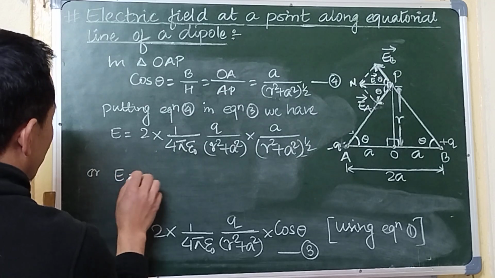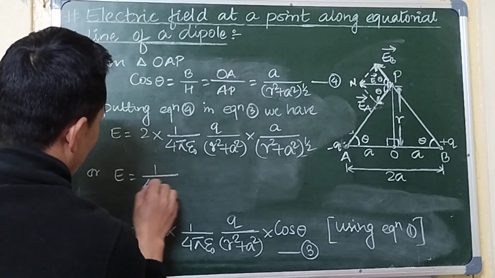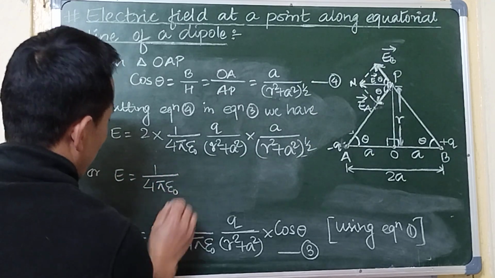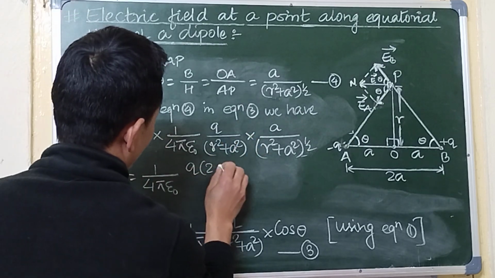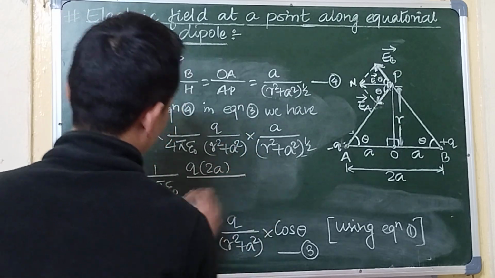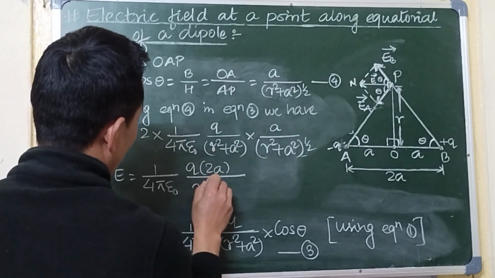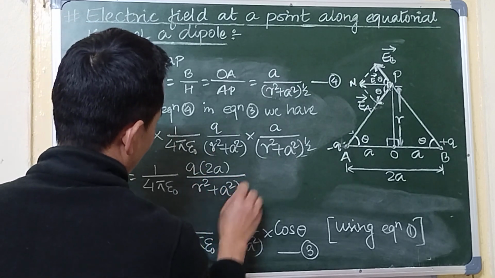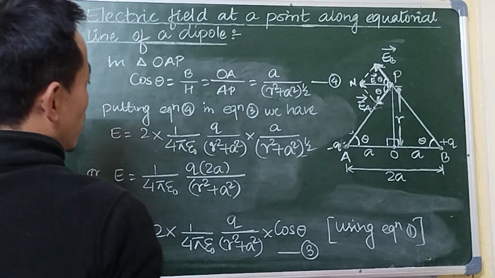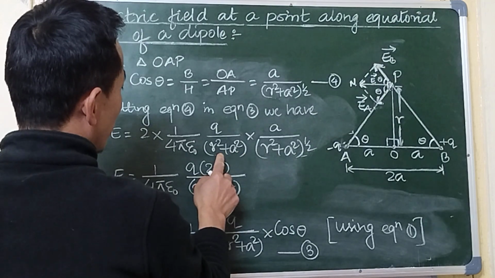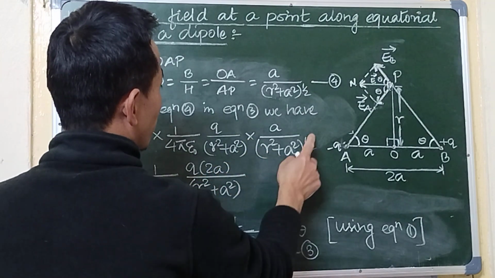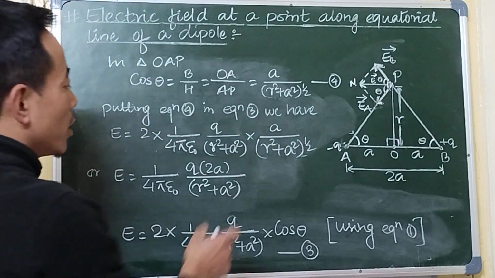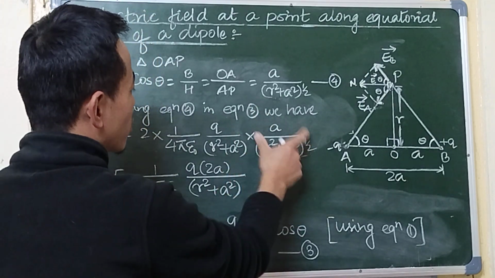We can further write this equation as 1 by 4 pi epsilon naught. In the numerator, we have Q into twice A, divided by R square plus A square, and in the denominator, R square plus A square to the power 1 multiplied by R square plus A square to the power half. When the base is the same, powers are added.